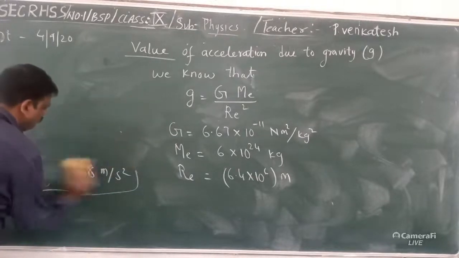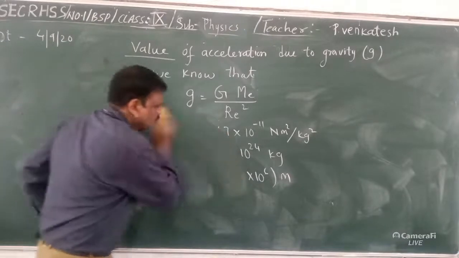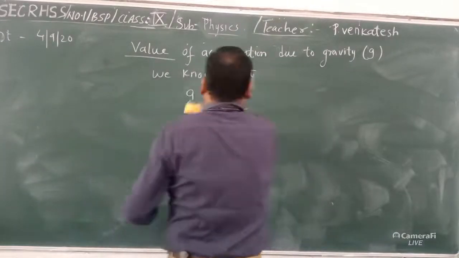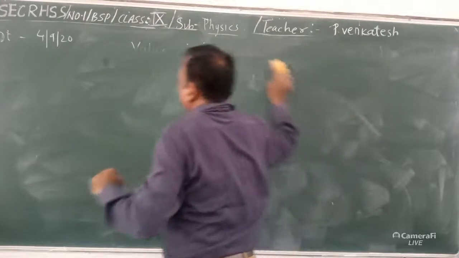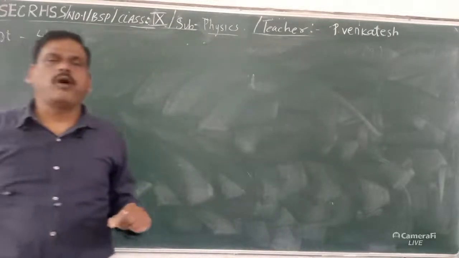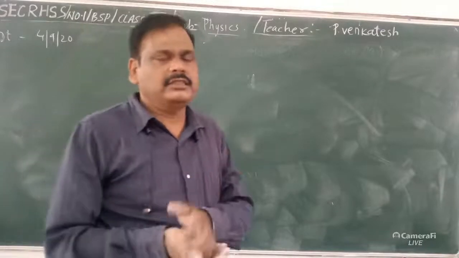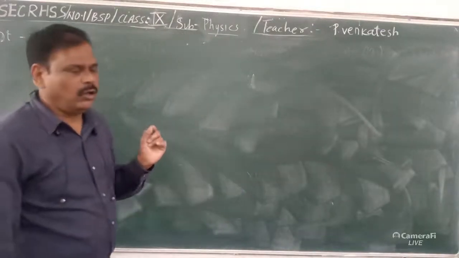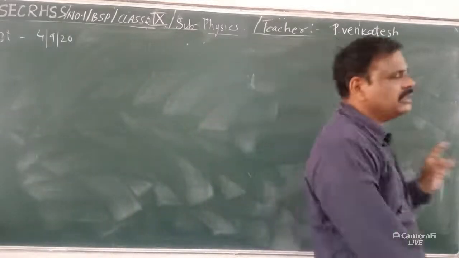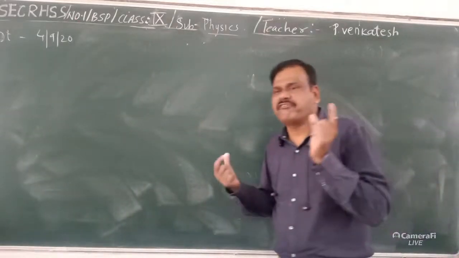Now, see, how does g vary at different places? What is the difference between small g and capital G? Capital G is universal gravitational constant, means it is constant everywhere.